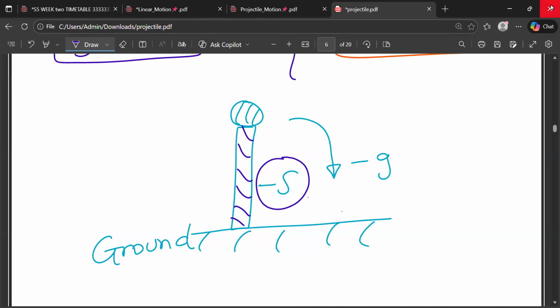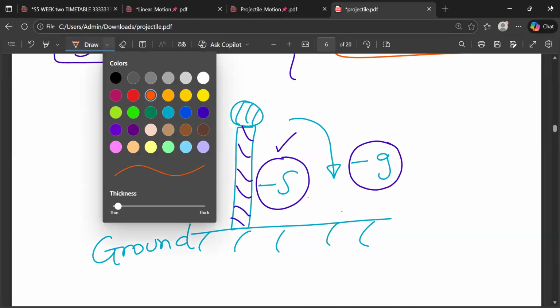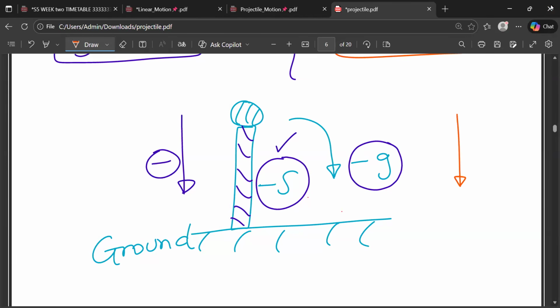Do the same for the acceleration, because you've decided that downward is negative. Another student can take downward as positive. That is no problem.